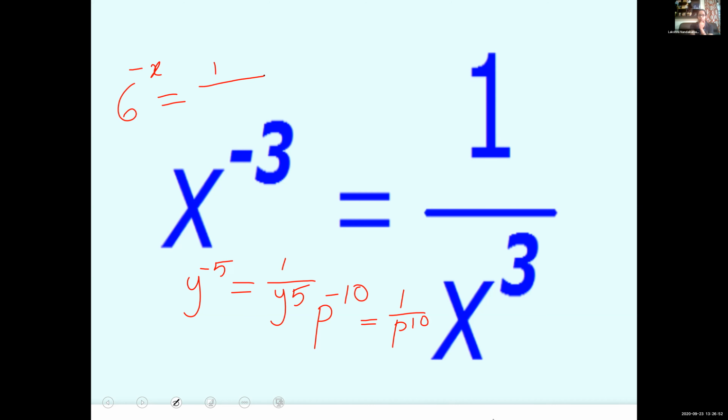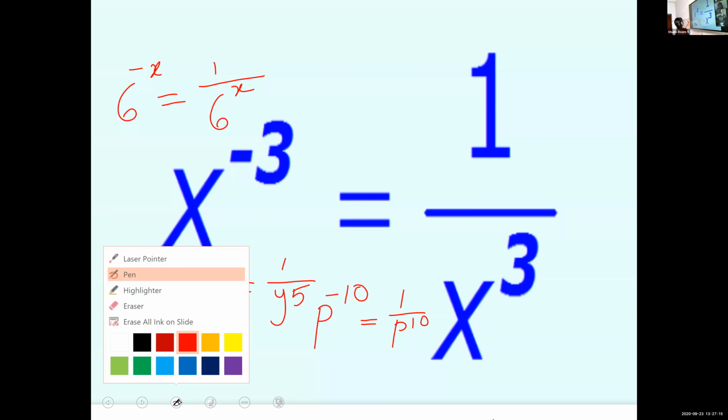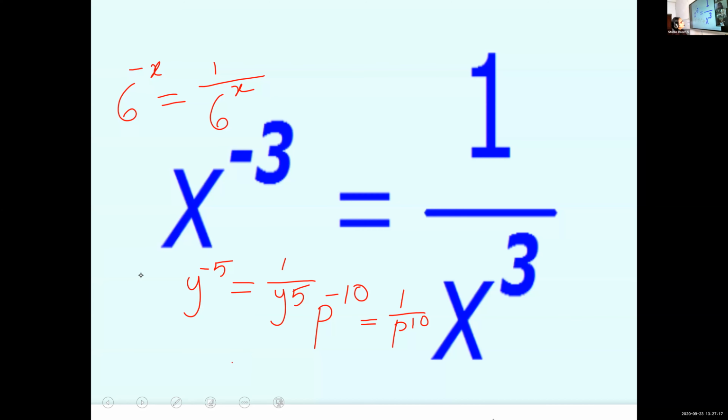So whenever you see a negative exponent, you can write 1 divided by, and change the sign of the exponent. Here are the examples. X raised to negative 3 equal to 1 by x raised to 3. 6 raised to minus x equal to 1 by 6 raised to x. Okay.